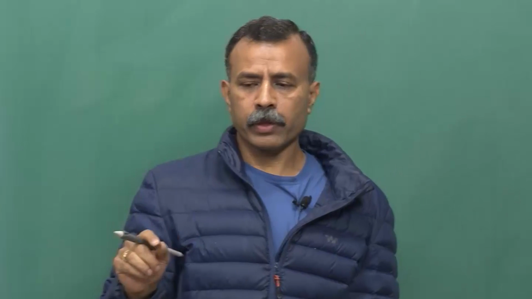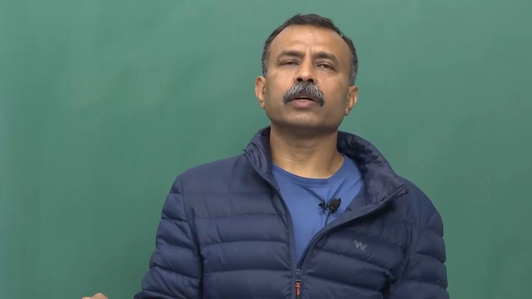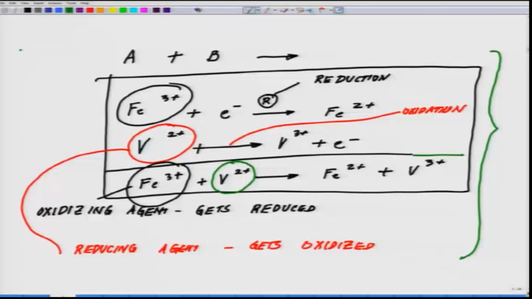So, you have to take one scale. Every material could be classified, say for example, material A, material B, material C, material D, material E, material F, either in an oxidizing series or a reducing series.